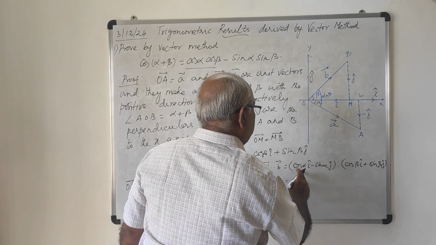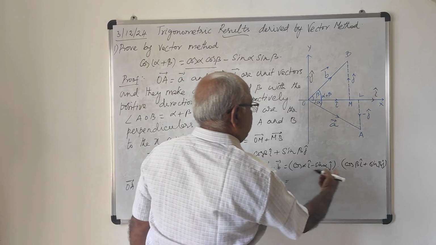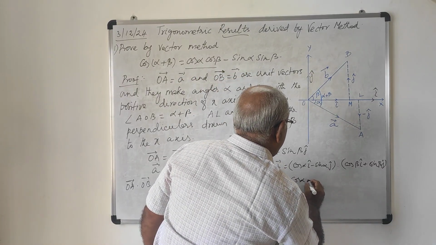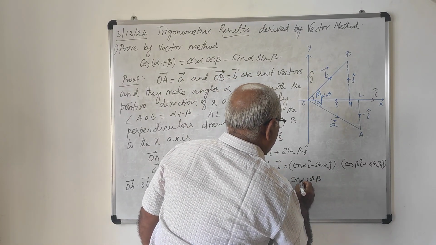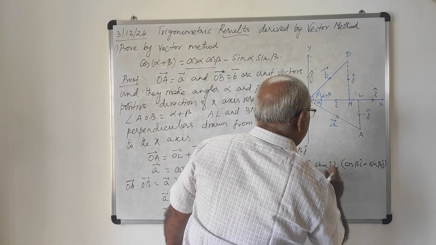By taking the dot product, I dot I is 1, so you get cos alpha cos beta, and J dot J is 1, minus into plus gives minus sin alpha sin beta.